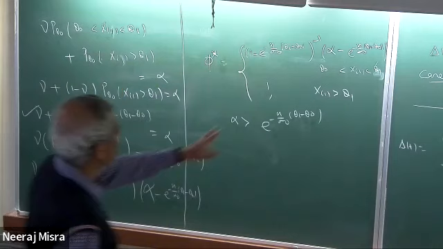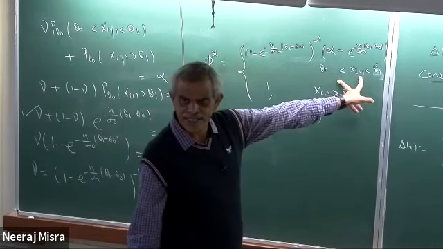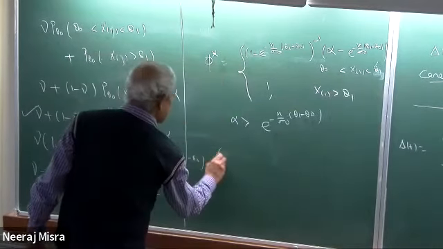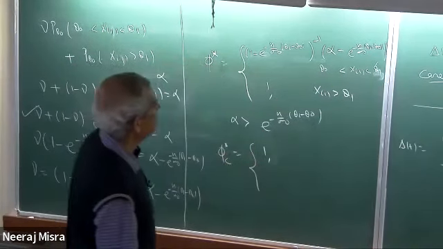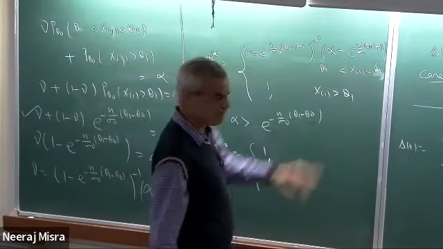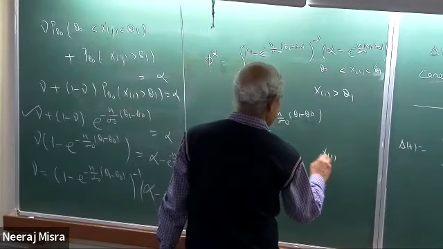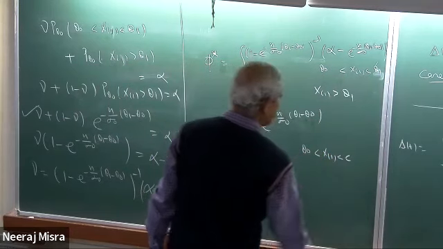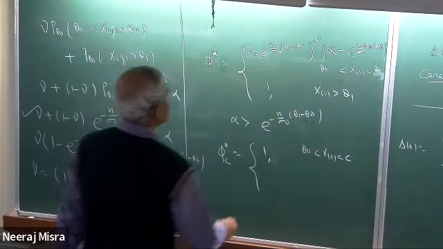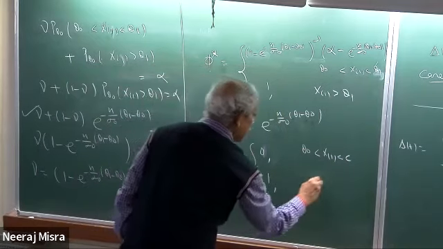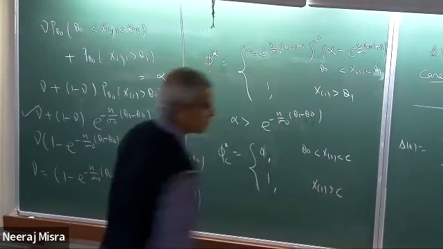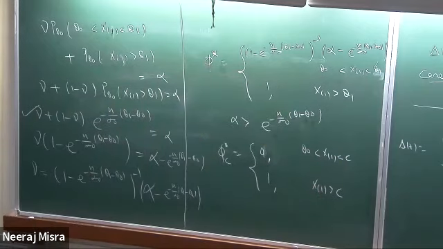So this suggests that even this range I can break it, and I write down a new test phi star C: 1 if x1 is between theta naught to C, and 0 over here, and in the lower part I can make it only x1 greater than C. This looks like a reasonable test, but this doesn't prove that it is a UMP alpha test.